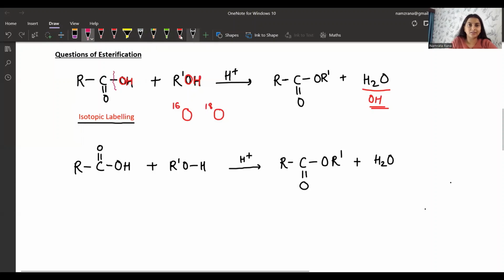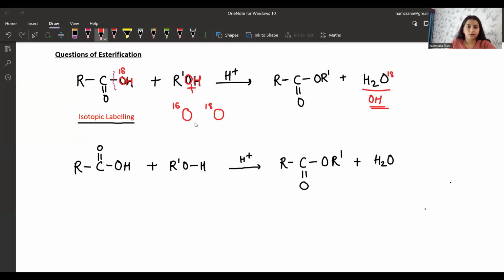If I label this oxygen atom, one of the hydroxyl oxygens, as 18, this oxygen atom will appear in water. Am I correct? Because the C-OH bond is cleaving, and in alcohol, it is the breaking of the O-H bond.